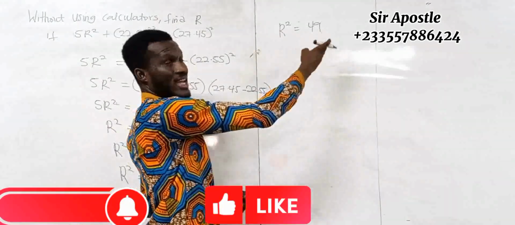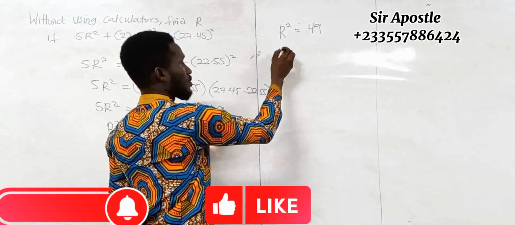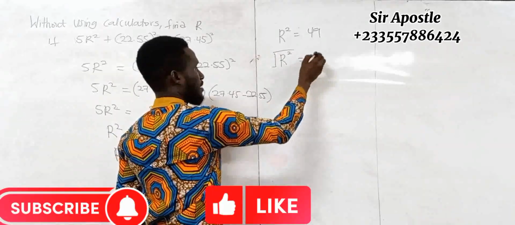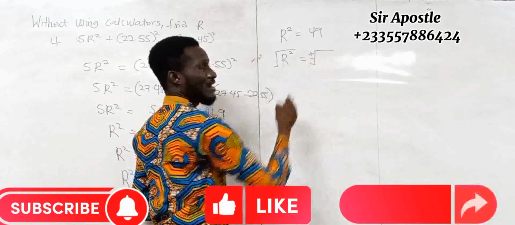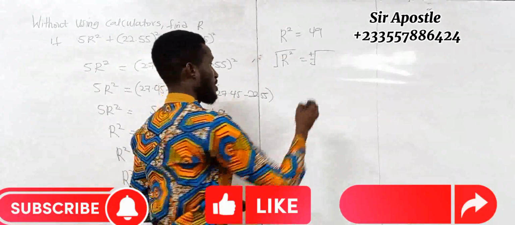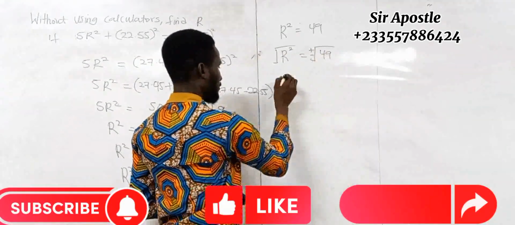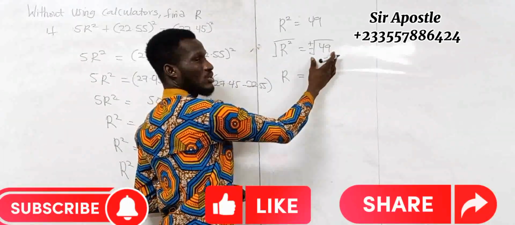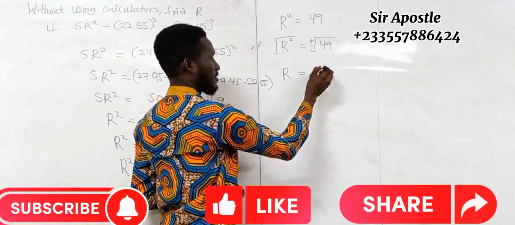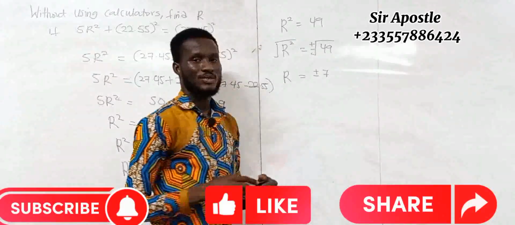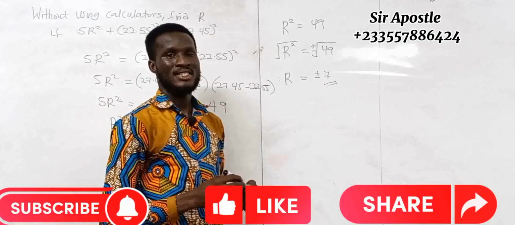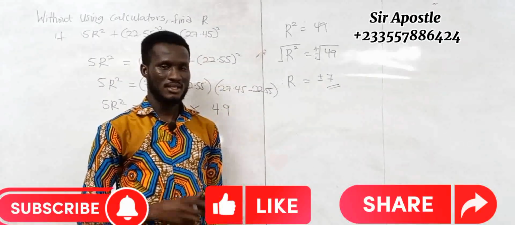We are looking for a number that multiplies by itself to give 49. When I square root both sides, I have to introduce plus or minus. The square will cancel the square root. The root of 49 is 7. So the answer for R is plus or minus 7.